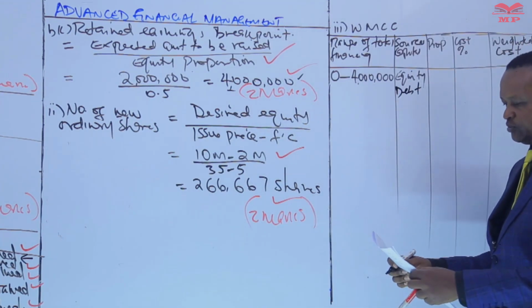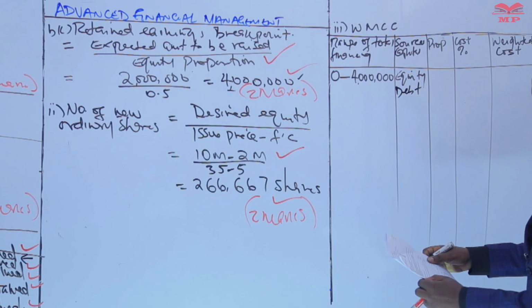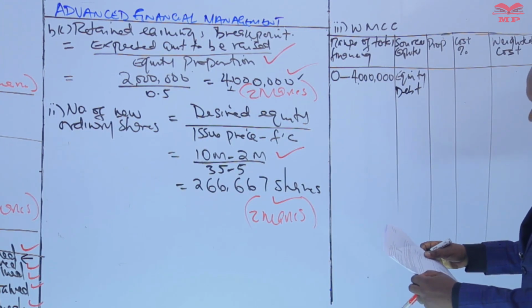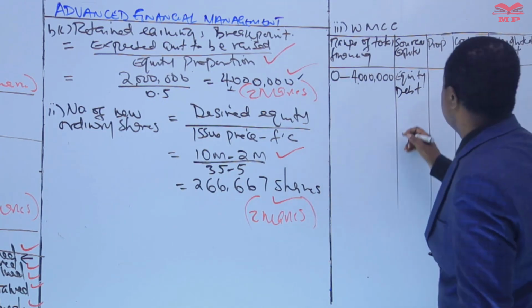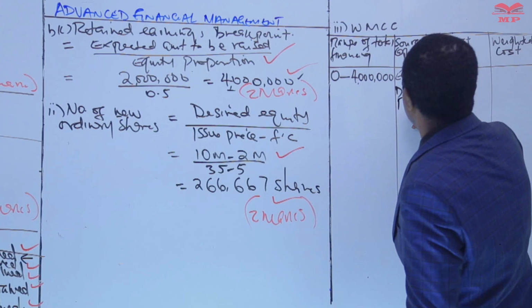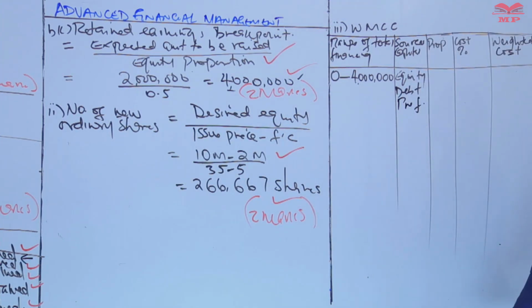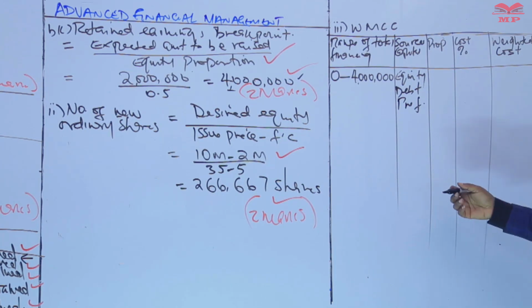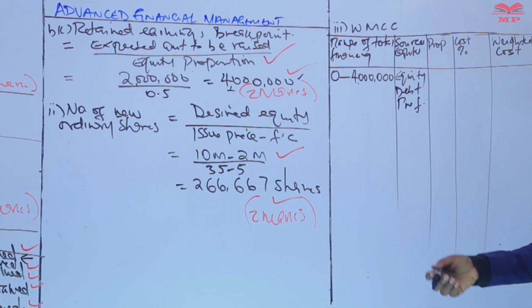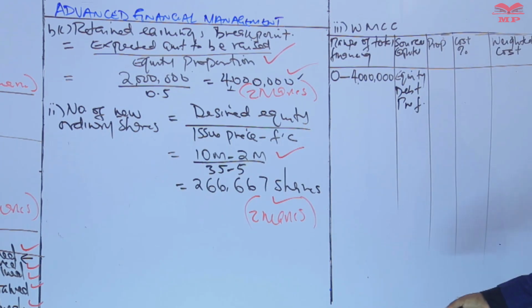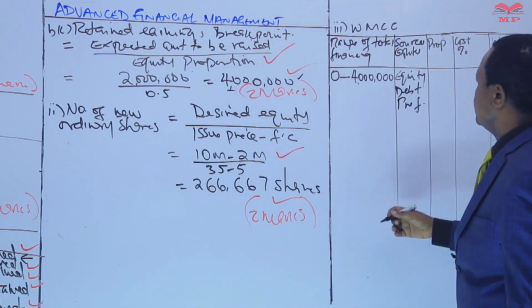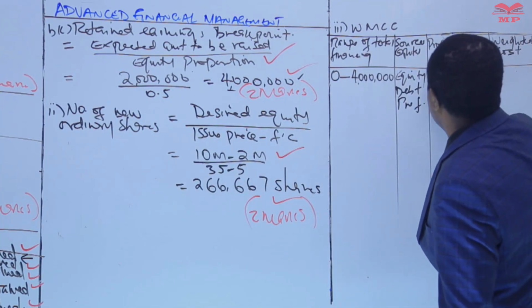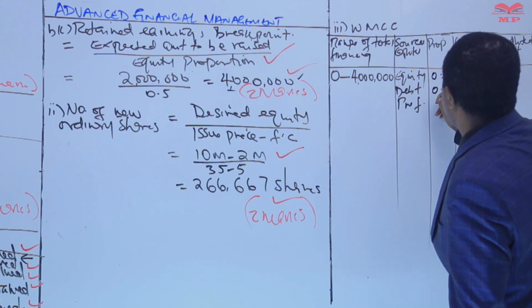These are sources which are going to fund this project. Equity, debt, preference shares, and the proportions we calculated here. The equity was 0.5, 50%, 20%, 30%.